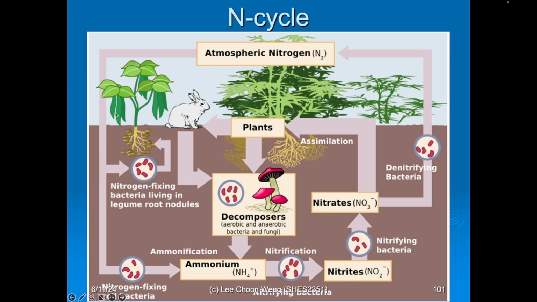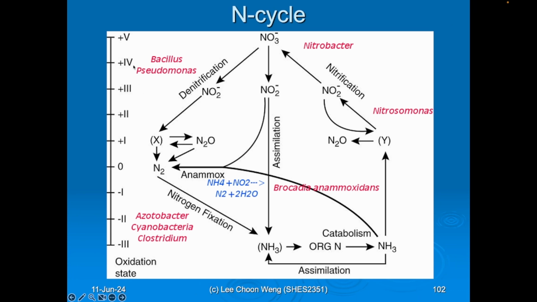For nitrogen fixation, we see here examples of symbiotic nitrogen fixing bacteria living in the legume root nodules, for example Rhizobium, and also free living nitrogen fixing bacteria, for example Azotobacter. Here we see the nitrogen cycle according to its oxidation state from positive 5 to negative 3. Here we have ammonification or catabolism, where the organic nitrogen is degraded or decomposed to ammonia.